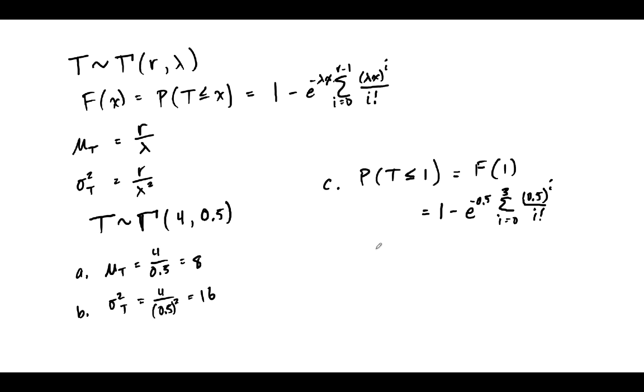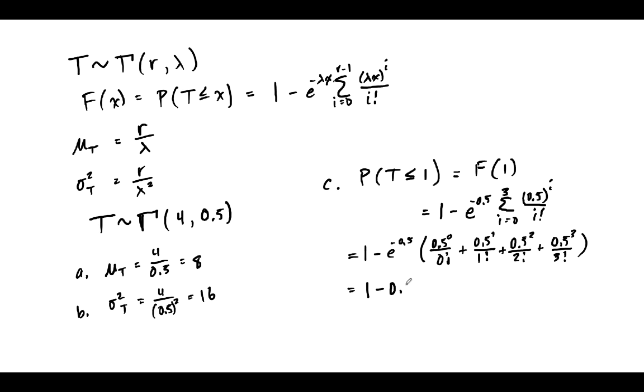And we would have to write this out at this point. The only way to calculate this directly, unless you have some software or some application, is to just write out the iterators. So I need some more space to do that. It's going to be 1 minus, and when you work that out, I get something really, really small, actually rounding.